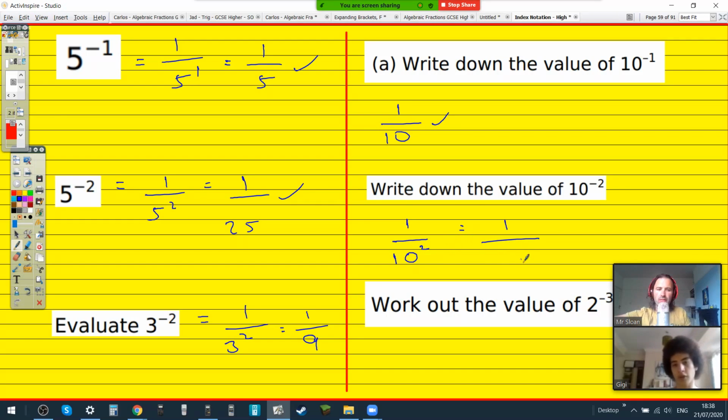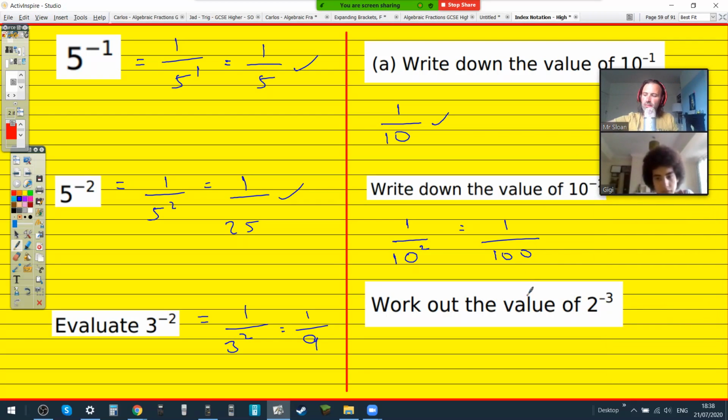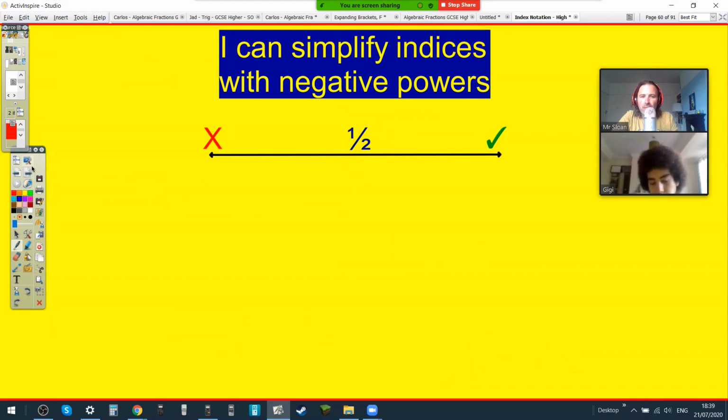Oh, I mean, 1 over 100. And this one. 1 over 2 to the power of 3, which is 1 over 8. Well done. Negative powers, those ones.